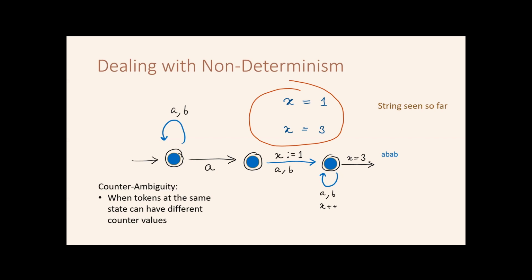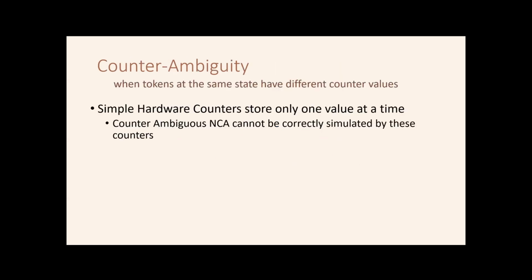And this could be a problem for us because if we use simple counters, we will be able to store only one of these values. So we need to be able to tell when this situation is occurring. If we want to correctly simulate NCA, we need to be able to keep track of both of those values or be able to tell when such a situation is occurring.